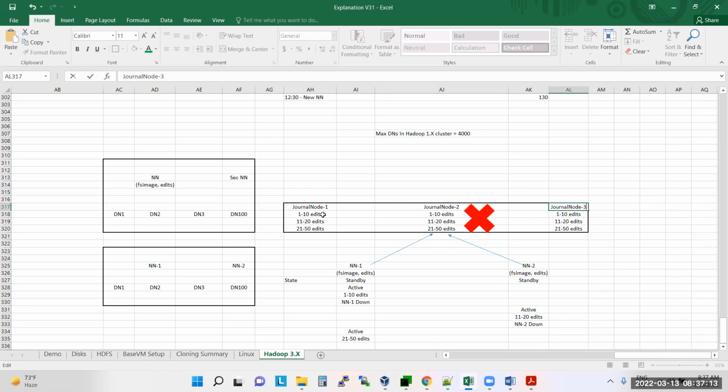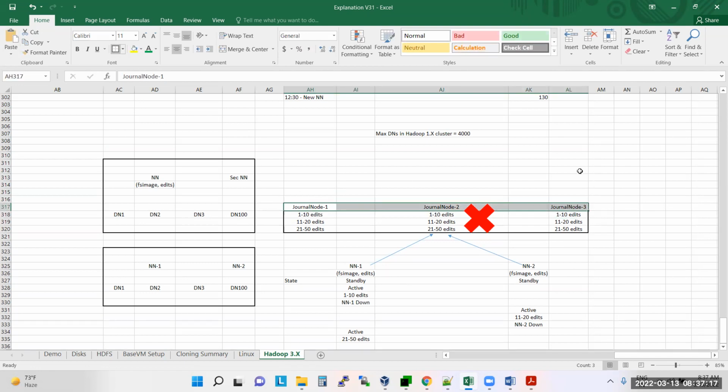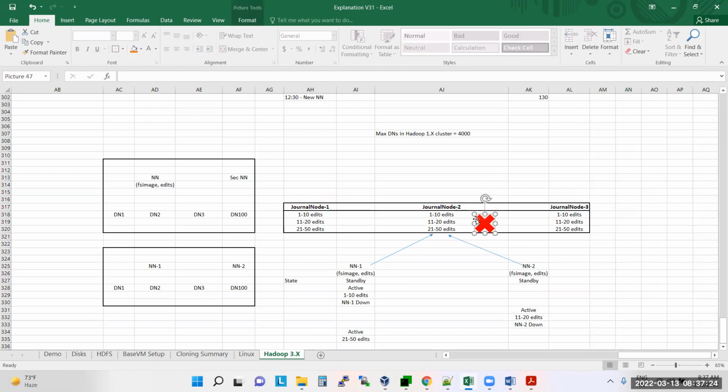Understood, sir? So even when a journal node is down, nothing will go wrong for me. I can still access the edits from here or here. Is it fine? Yes, sir.